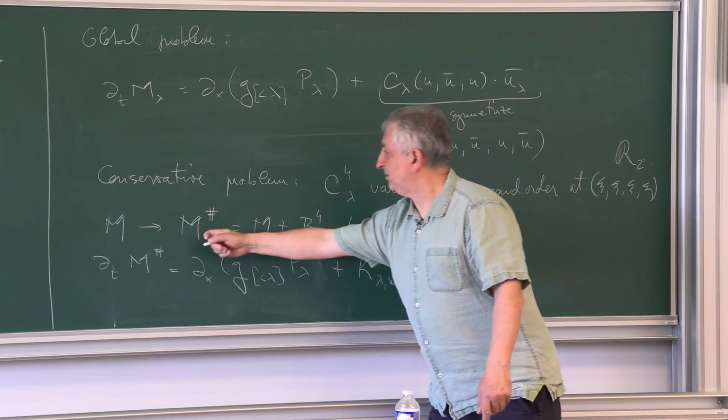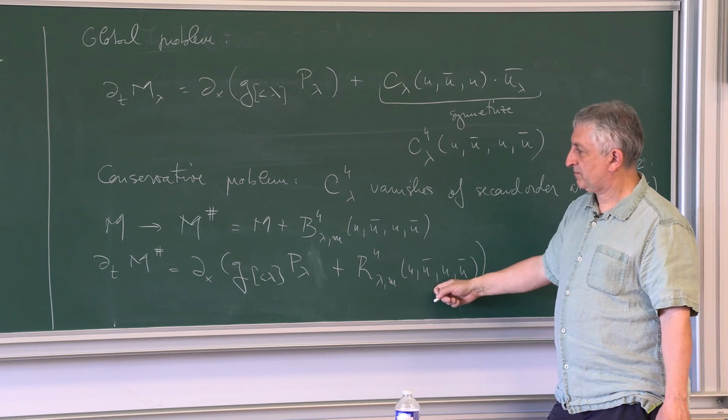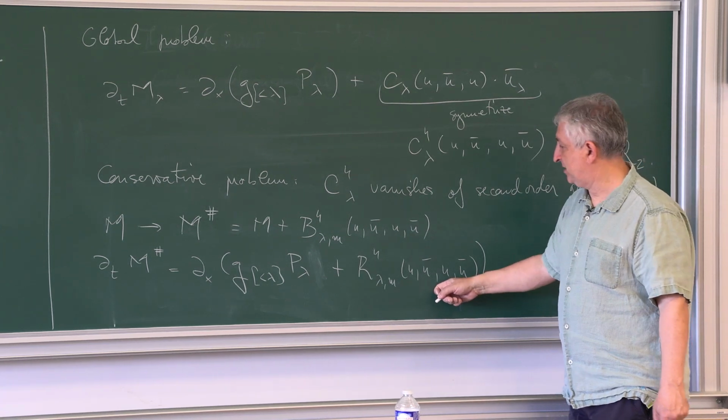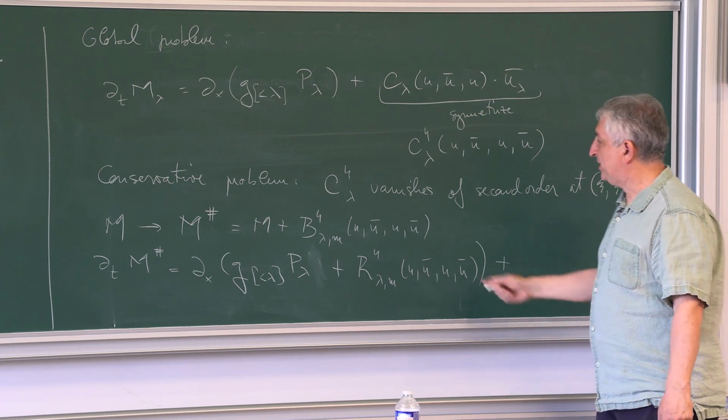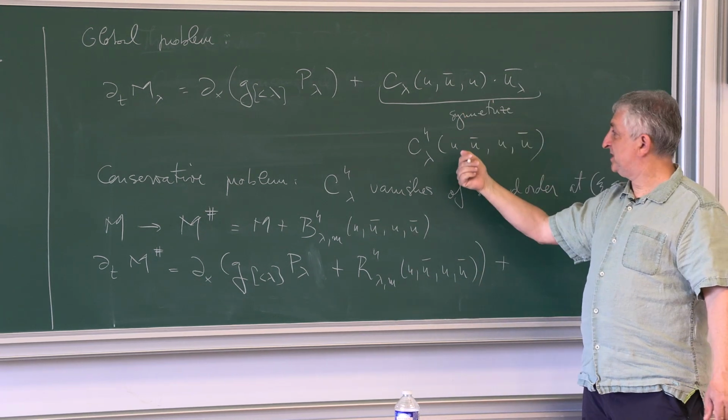So mass has a fourth order correction. Momentum in this formula has a fourth order correction. And I'm hoping these two fourth order corrections would get rid of this, the C4.